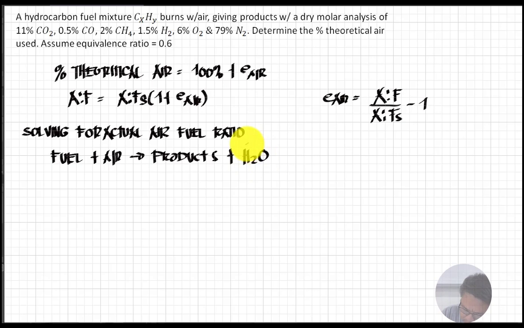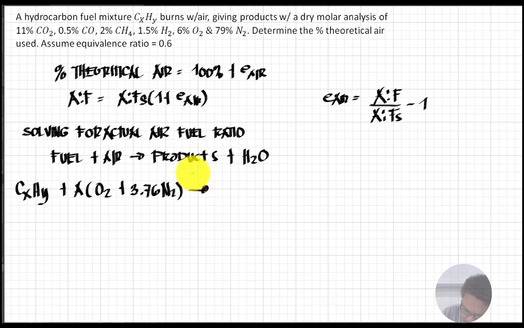Since we are in the actual, we can rewrite our equation. Since we don't know what the fuel is, we can write CxHy. Since we don't know the moles of this one, we can write A, plus O2, plus 3.76 of your nitrogen.